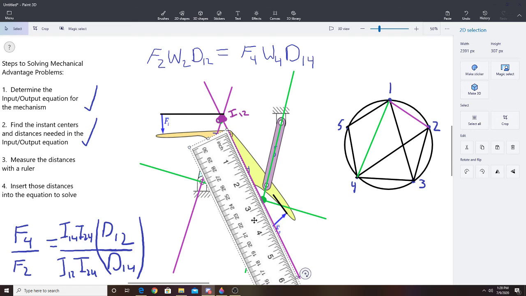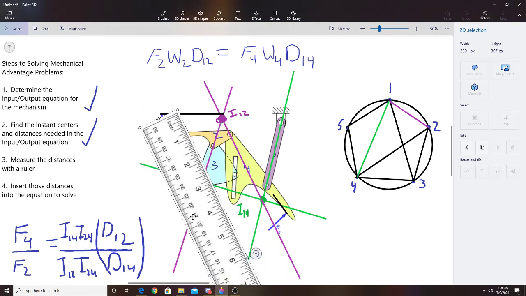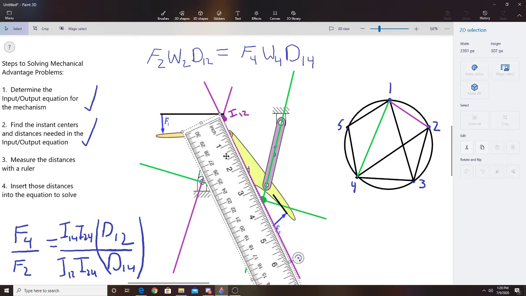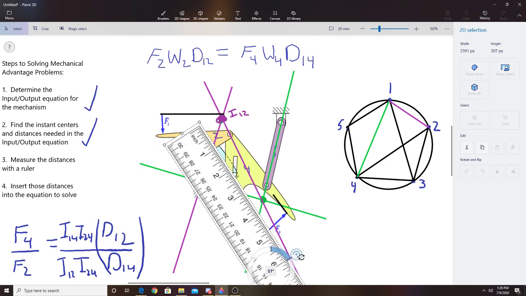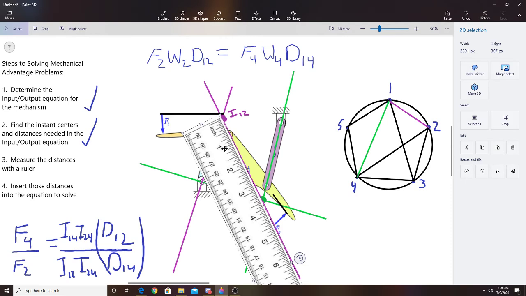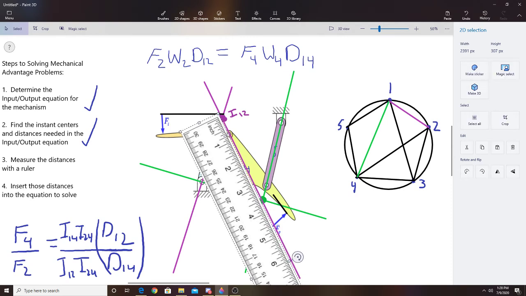Cool. Then we have to do I12, I24. This one's going to be really hard to measure. It is from this point to that point. So from here to there. It looks like this would be a 1/2 inch, this would be 3/4.